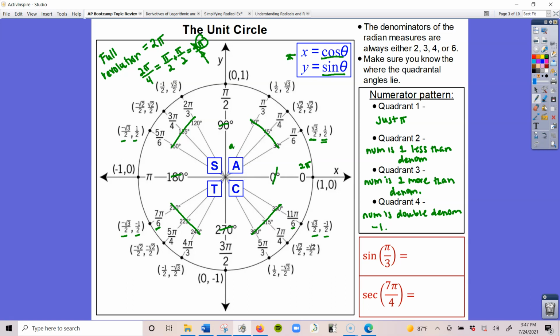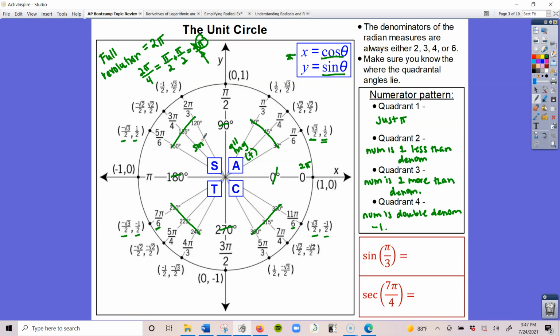A stands for all trigonometric functions are positive. So no matter what trigonometric function you're looking for, if you know that the angle is in quadrant 1, that means that cosine, sine, also tangent, cotangent, secant, cosecant will be positive in quadrant 1. If your angle is located in quadrant 2, S stands for sine.